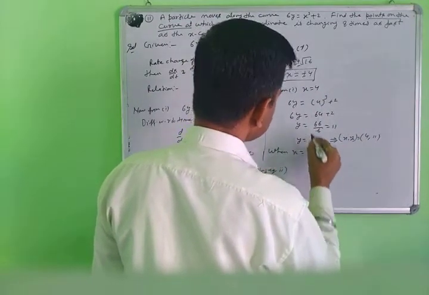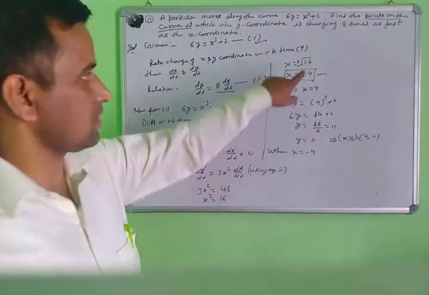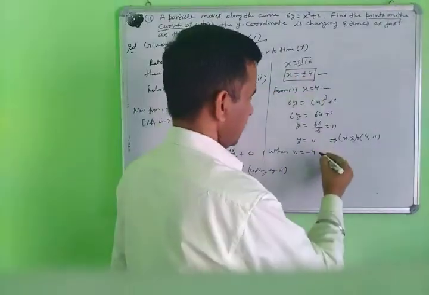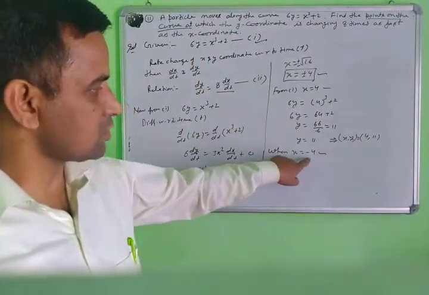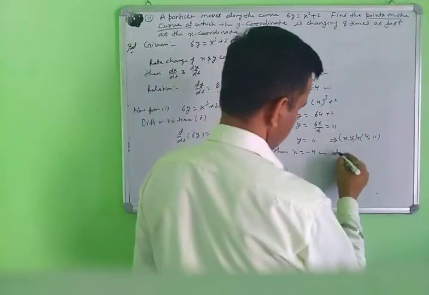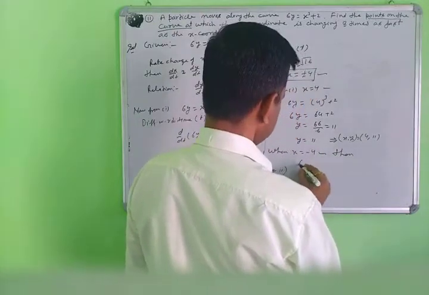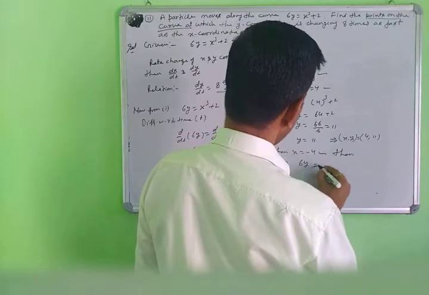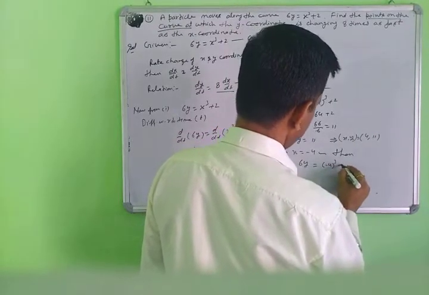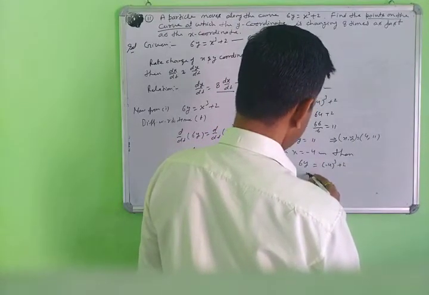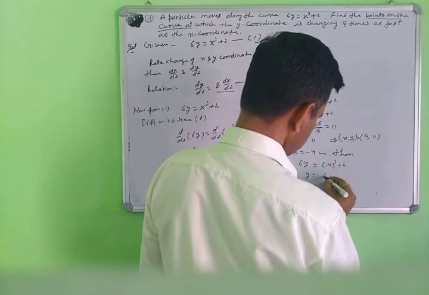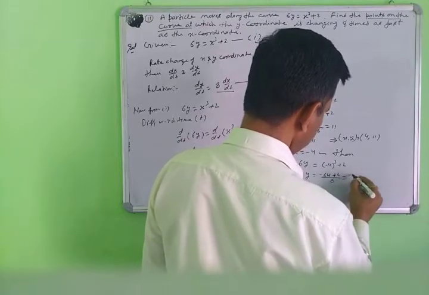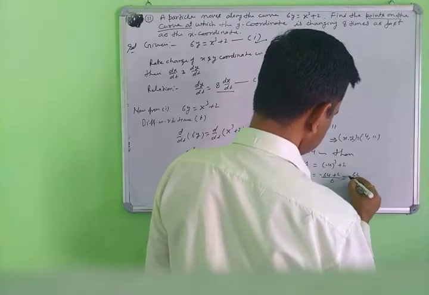And when x equals minus 4, the second value: two values are coming, plus and minus. First I took the positive value, and now the negative value. When x equals minus 4, 6y equals minus 4 cube plus 2. So y equals minus 64 plus 2 upon 6, which is minus 62 upon 6.